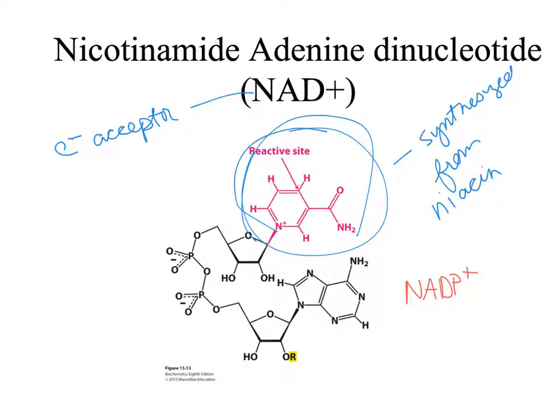The difference between NAD+, which is shown here, and NADP+ is that in this structure, for NADP+, this R group is a phosphate group, whereas for NAD+, that R group is a hydrogen. That's the only difference, but they're both electron carriers.